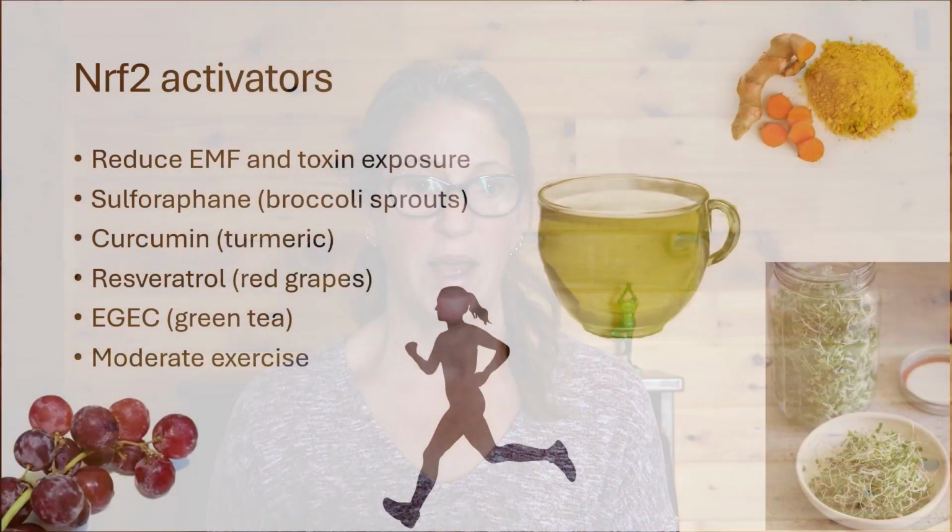And so there are actually also really cool things that can stimulate NRF2. And obviously, decreasing exposure to toxic things like EMFs is going to be the number one way. But there's lots of things that we can consume that are going to help support our antioxidant pathways.